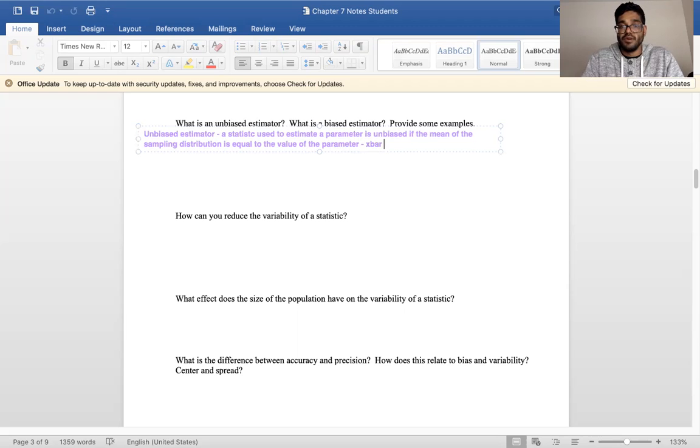So here we can write x bar equals mu. And biased is when the center of the sampling distribution, and you can guess what this is going to be, is not equal to the population parameter.